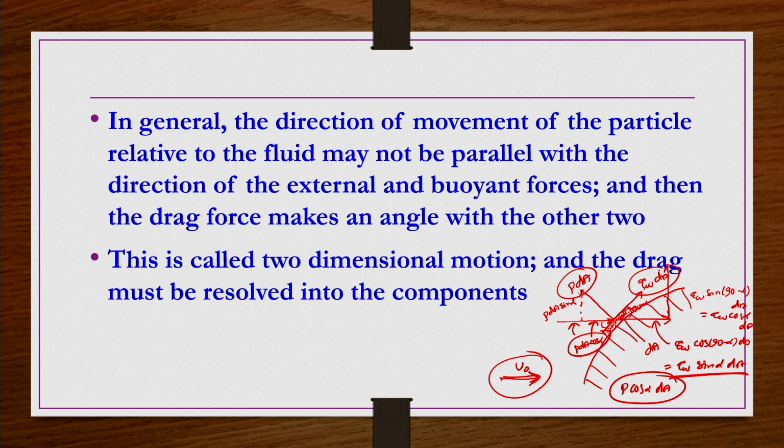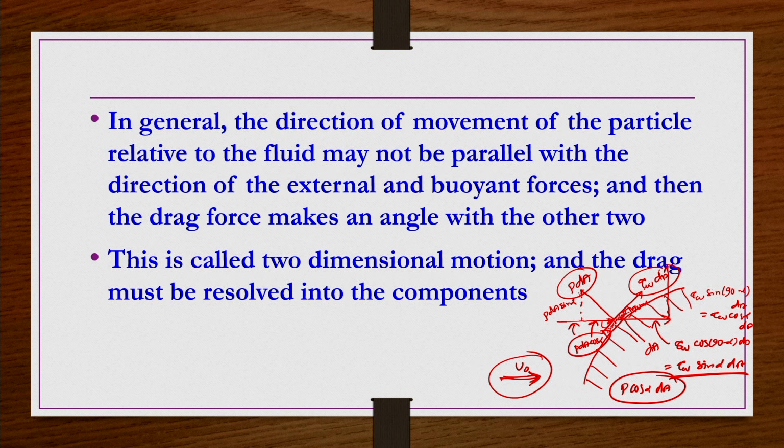The flow direction and the alignment of the element are not the same, so it is a two-dimensional flow. Under such conditions we have to find the individual components of the drag force, and then add them together to get the total drag force, right.